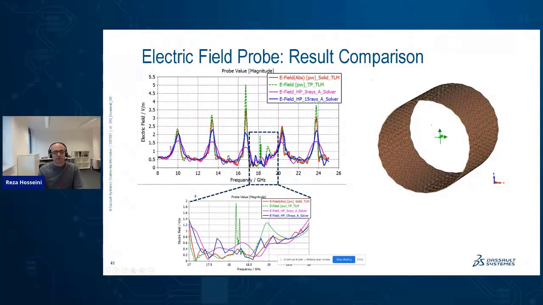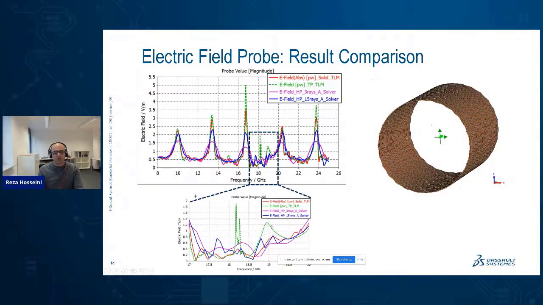We can see here that these four curves are more or less following each other, and the only difference happens in this frequency range, which if we zoom in, we can see is at around 18 to 19 gigahertz, where again this transparency is happening.